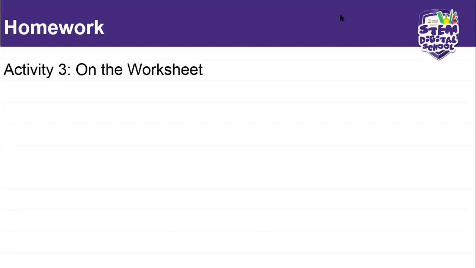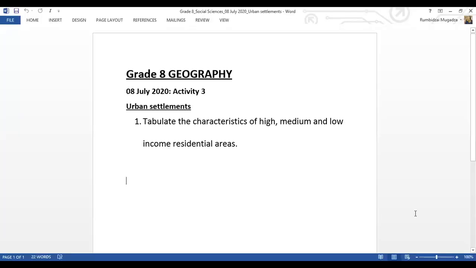So let me share your homework. It's only one question, but what are you supposed to do? Tabulate the characteristics of high, medium, and low income residential areas. What is to tabulate?